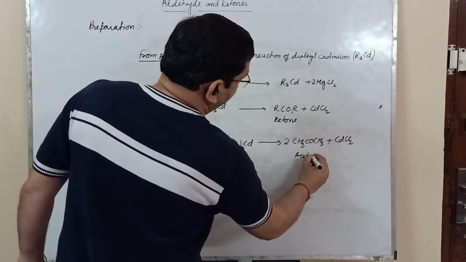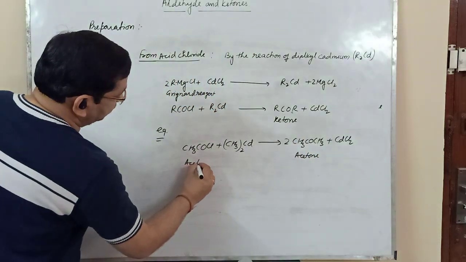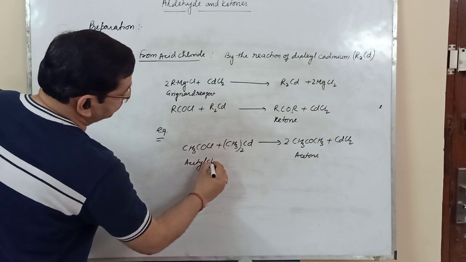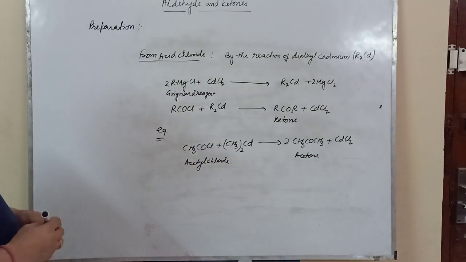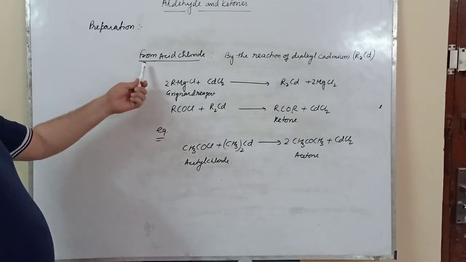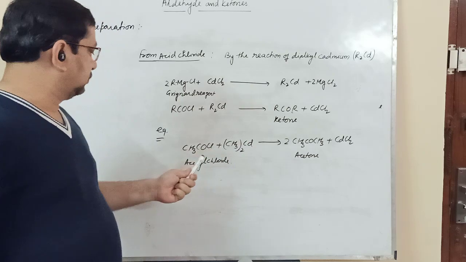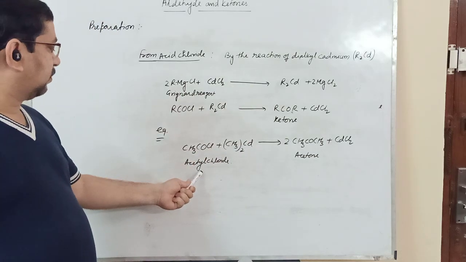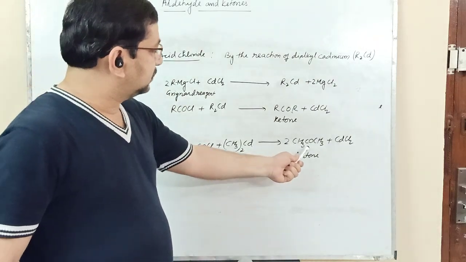Here we are getting acetone or propanone from acetyl chloride. So this is one of the methods from acid chloride. Acid chloride on reaction with dialkyl cadmium gives ketone, like ethanoyl chloride or acetyl chloride on reaction with dimethyl cadmium gives acetone.